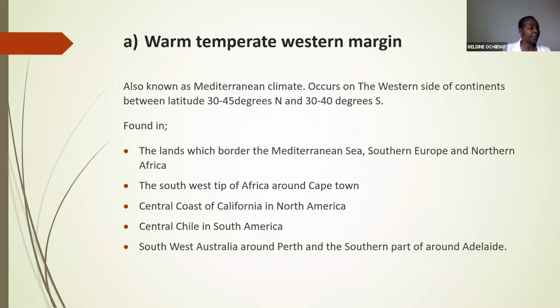These are the regions experiencing warm temperate western margin climate.